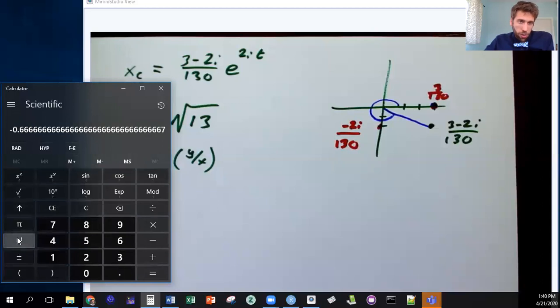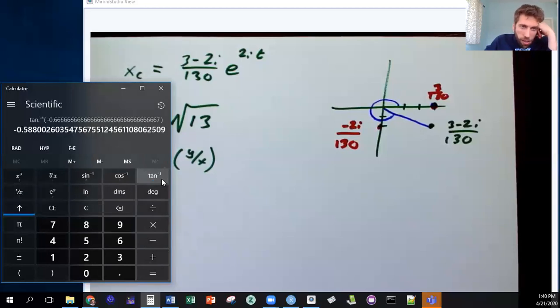So I need to do, it's been a while since I looked at this calculator. Can I do a shift? Where's the shift button? There it is. Arctan of that.